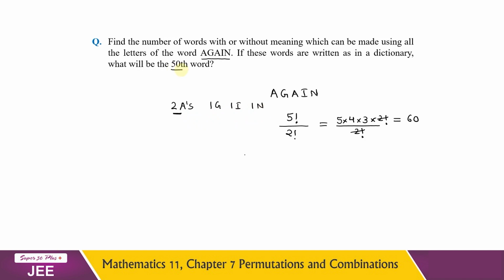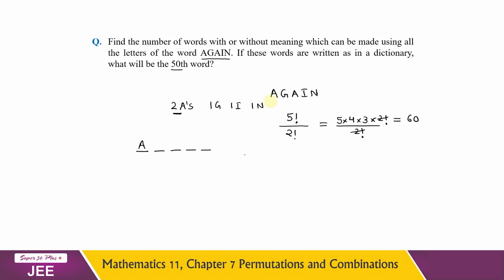On the basis of common sense, we can say that any dictionary having these letters will start with the letter A first. That is, the first place is always occupied by the letter A. And then we are left with 4 places.